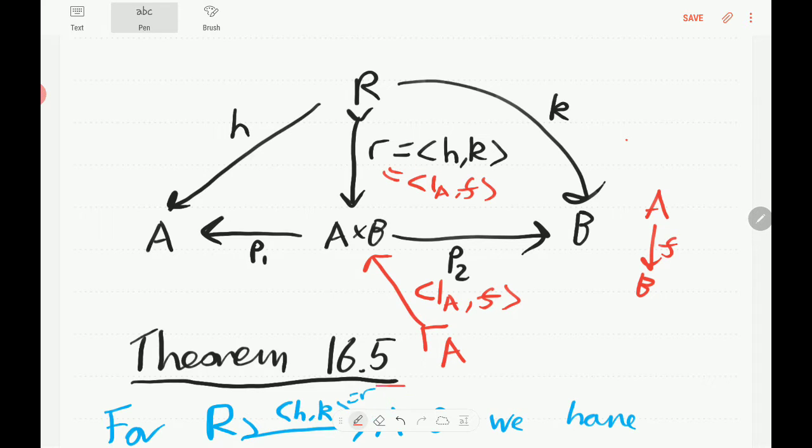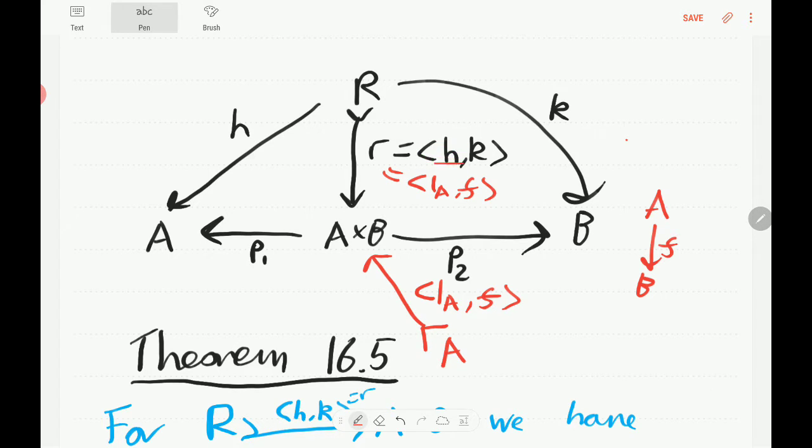So there ought to be a case where R looks like a graph, even though its first component, when we write R as this two-component thing, R equals H comma K, which we should because it's an arrow into A times B. When we write it like that, there could be a case where R basically looks like a graph of some arrow, but where H is not an identity arrow. Maybe H is just an isomorphism, okay?